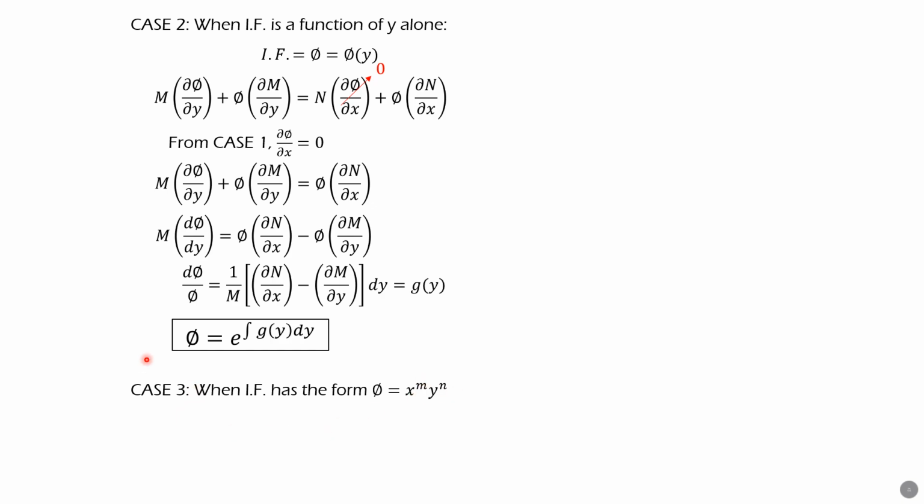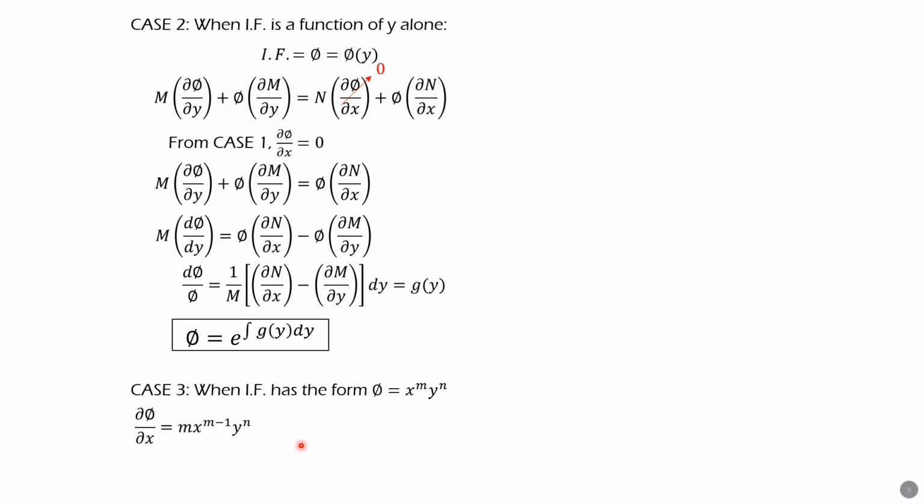So the partial of p with respect to x would be, y to the n is constant, so it should be m x to the m minus 1 times y to the n. Partial of p with respect to x, y to the n is constant. So just differentiate x to the m. So copy the constant y to the n. So it is m x to the m minus 1.